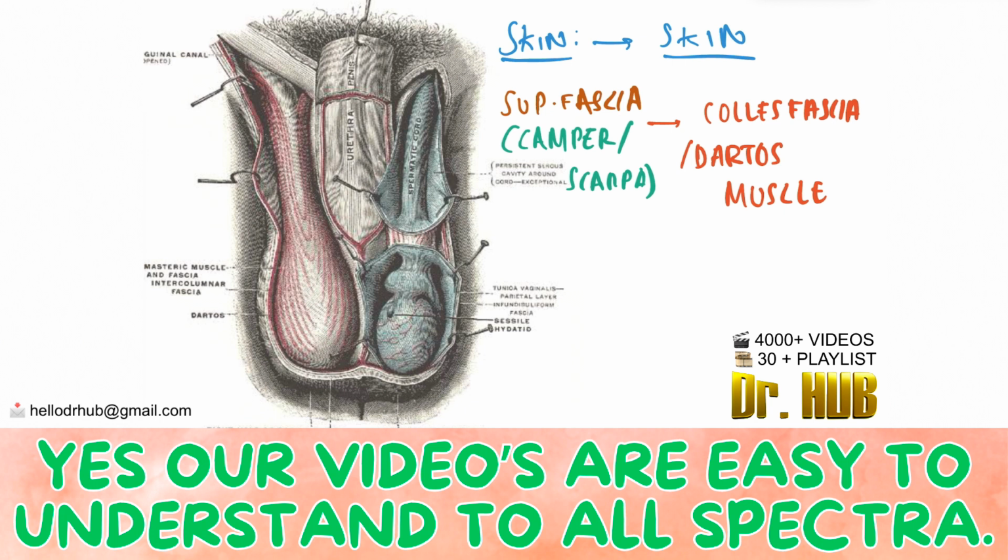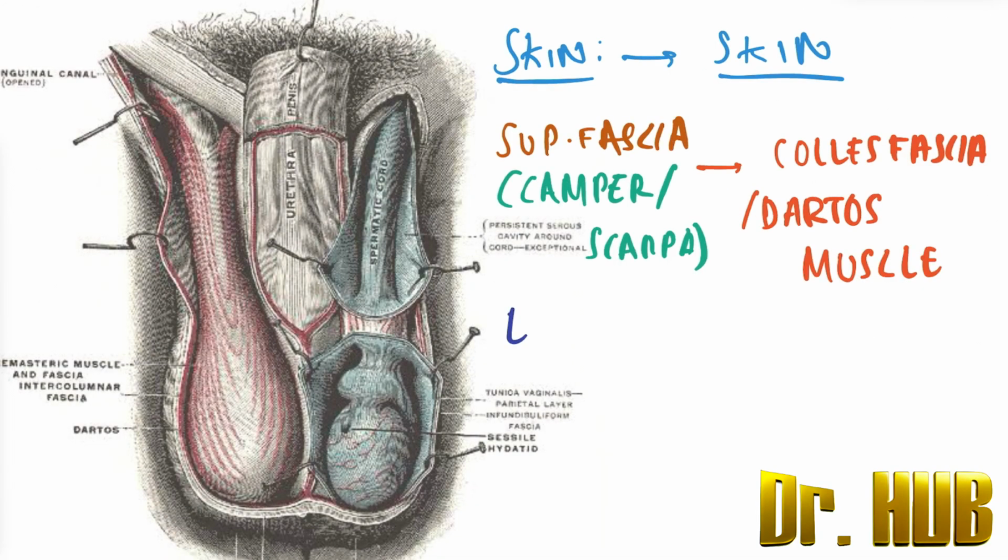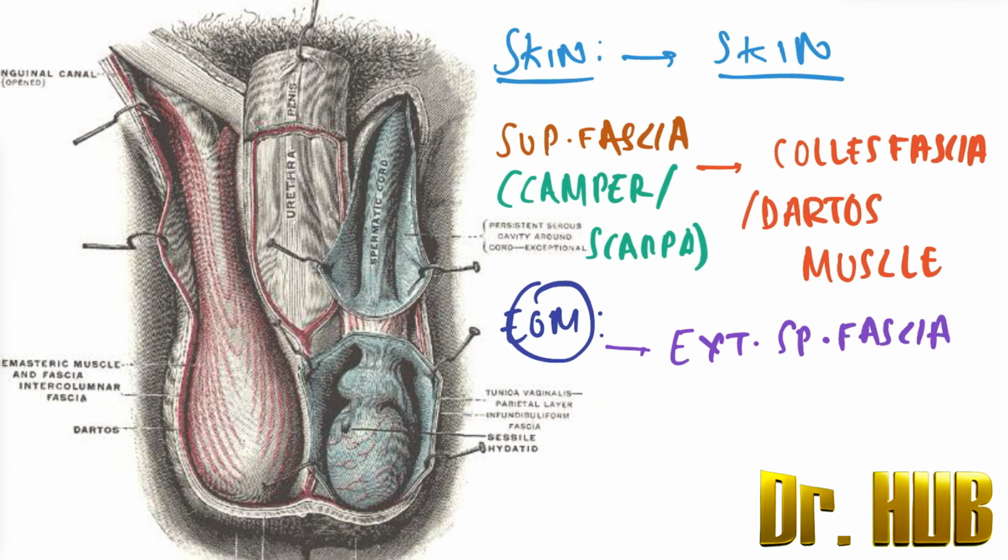Then there is the external oblique muscle. External oblique muscle, we are writing it as EOM. This corresponds to the external spermatic fascia. Next is the internal oblique muscle.